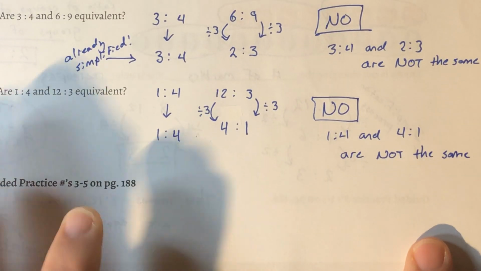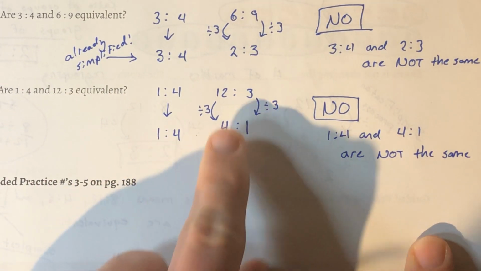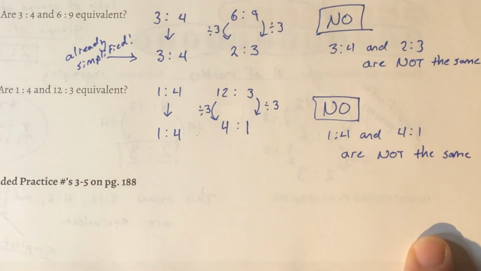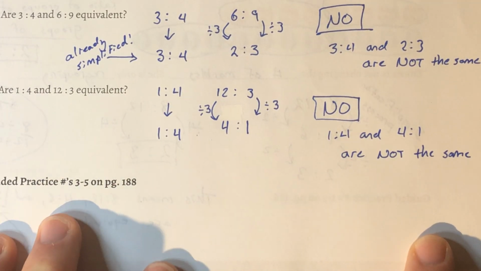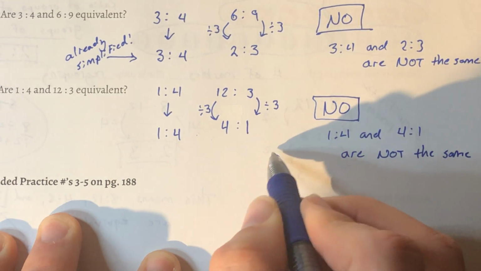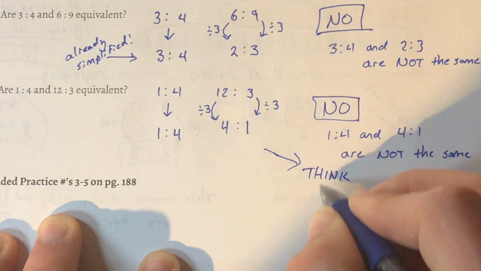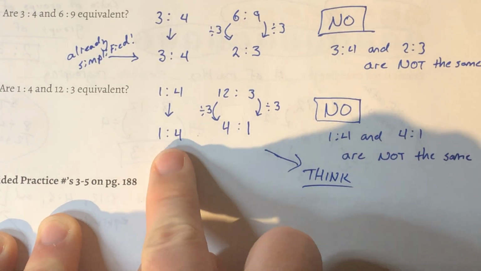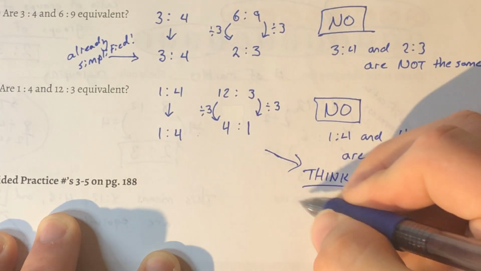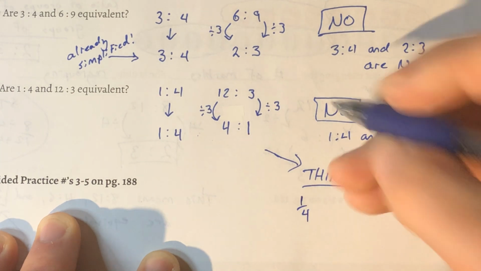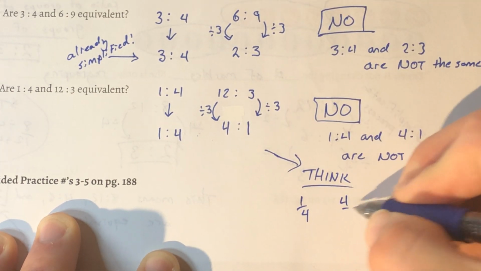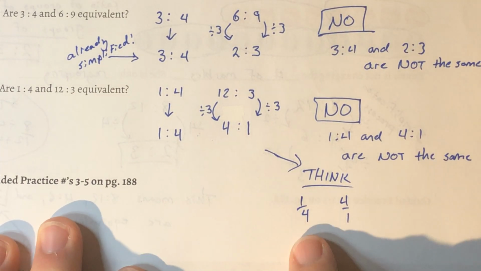Now remember, this is the most typical way to write ratios, but you can write ratios as fractions. So, I do want you all to think, what if I wrote these as fractions? 1 to 4 would be 1 over 4. 4 to 1 would be written as 4 over 1. Are these the same thing?